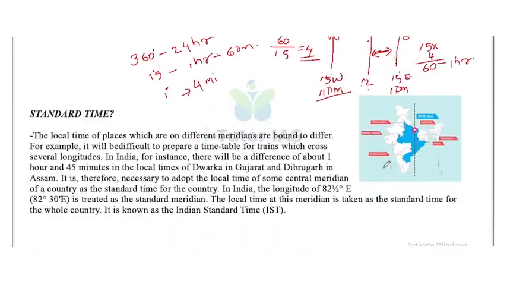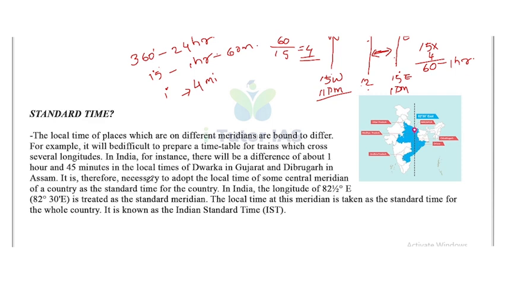Now, standard time. What is standard time? The local times of places which are on different meridians are bound to be different. For example, it will be difficult to prepare a timetable for trains which cross several longitudes. In India, for instance, there is a difference of 1 hour and 45 minutes in the local times of Dwaraka in Gujarat and Dibrugarh in Assam.